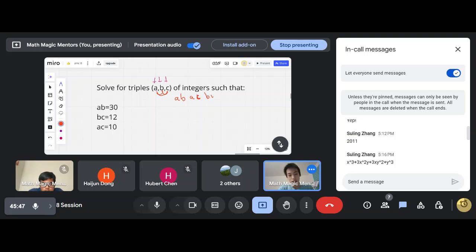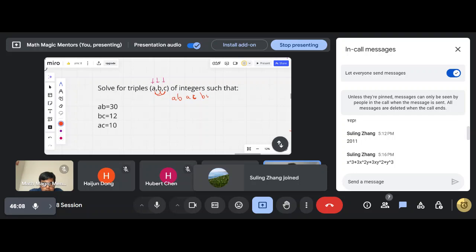So that looks kind of symmetric to me because it's in the same form, if you know what I mean, two variables multiplied at the same time. So is there any way we can use the symmetry to possibly help us form an intermediate equation?